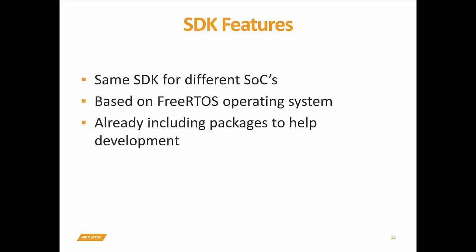As I said already, we will start off with the 7687, but we will add other systems on chips later on, and they will work with the same SDK. So even if you choose to use a different SoC, you will be able to use exactly the same environment to develop your application.